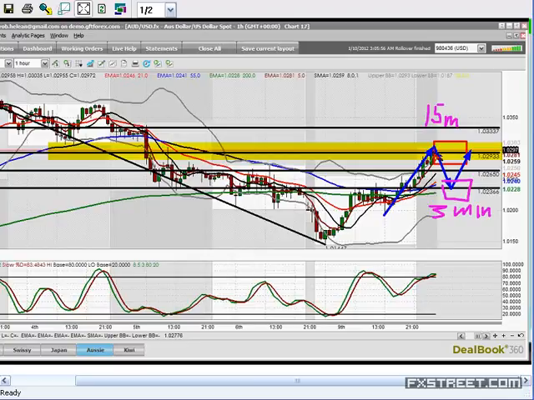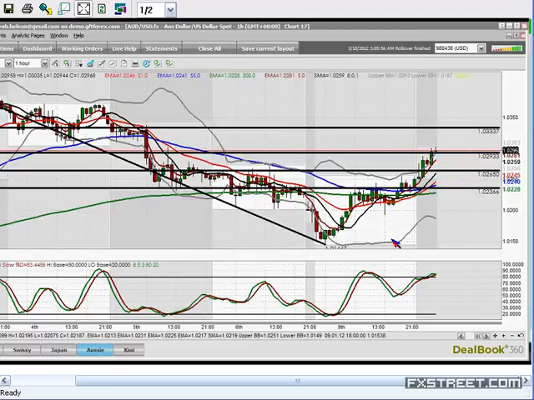There are a lot more people buying from here, and they had a lot more buyers join the party here. Obviously, Asia is open, and a lot more people have joined the party here. So currently, short term, there's a lot more people buying than selling this.